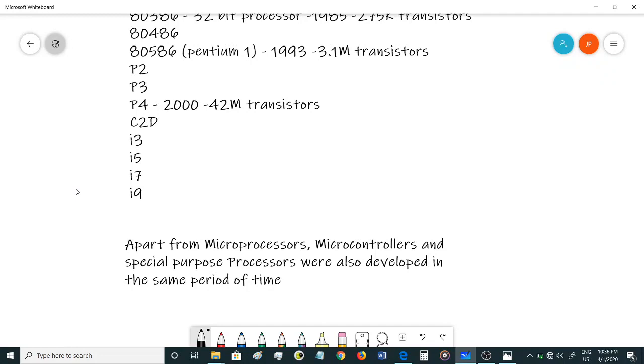They were also developed during this period of time. And there are also various special purpose processors, like for digital signal processing. You have processors like the Raspberry Pi, and there are other processors for supercomputing workstations, which are different from these. They were also developed during the same period of time.